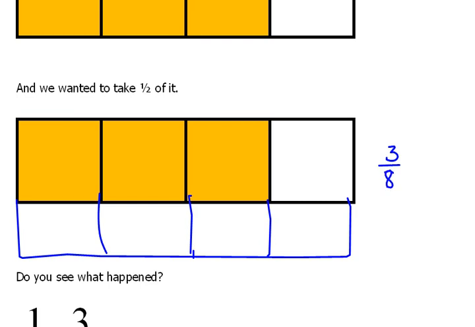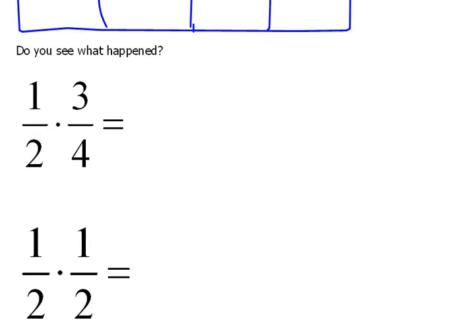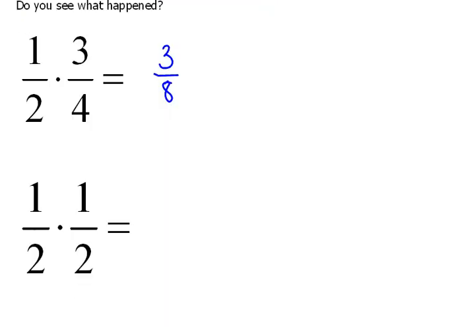Wow. Let's see if we can figure out a pattern here. If I took half of 3/4, then now I have 3/8. And earlier, when we took half of a half, we had 1/4. Can you see any way that we might be getting this 3 out of these two numerators and this 8 out of these two denominators?